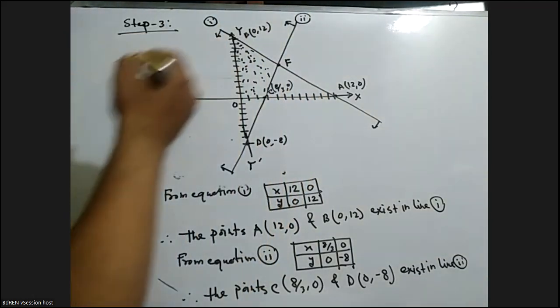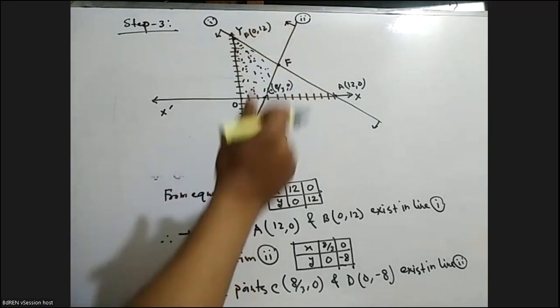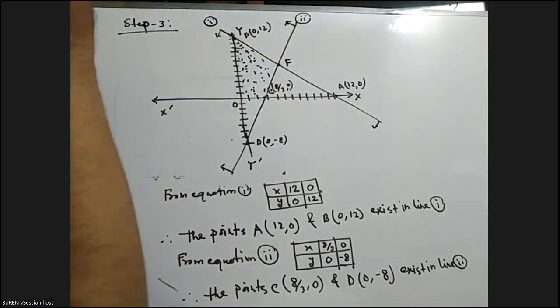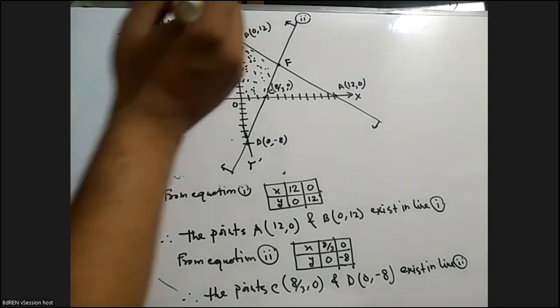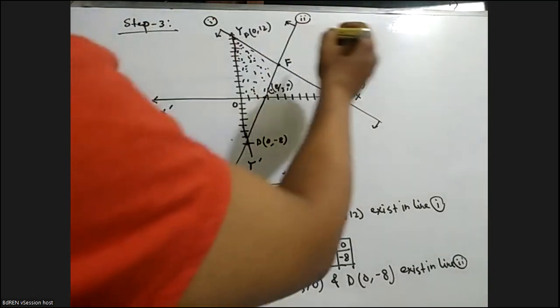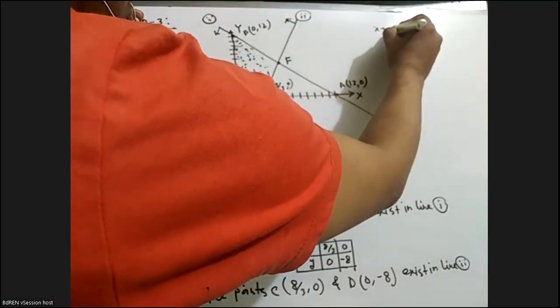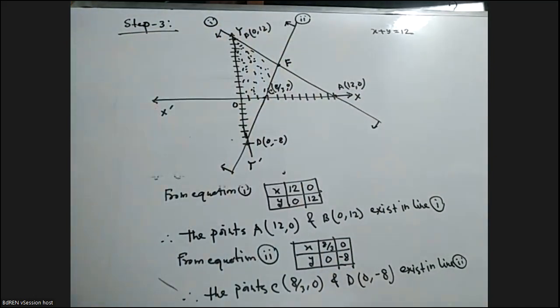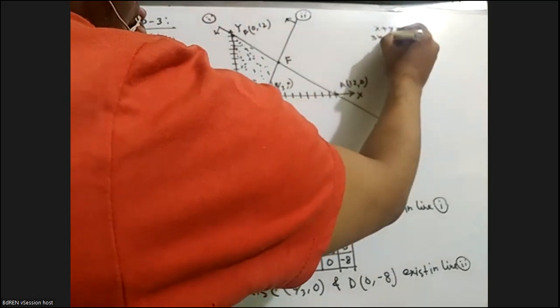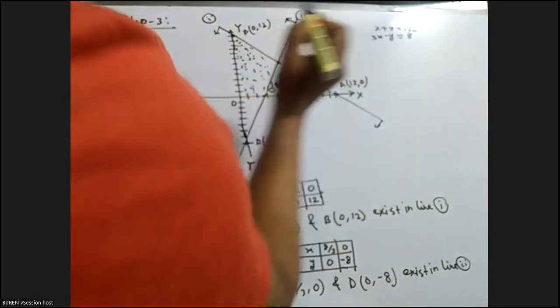So now if we solve these two equations, remember equation 1 and 2, we get our solution. How can we solve this? Suppose equation line 1 was what? x plus y equals to 12. Another one, what? 3x minus y equals to 8, right?